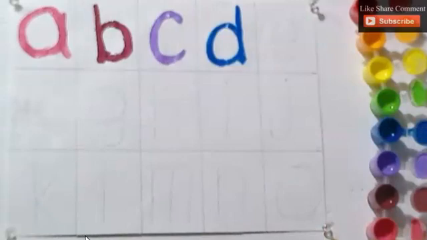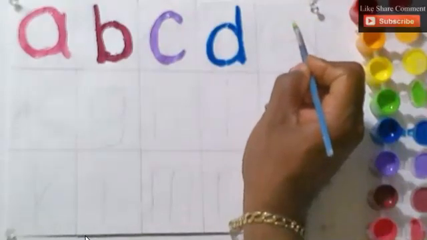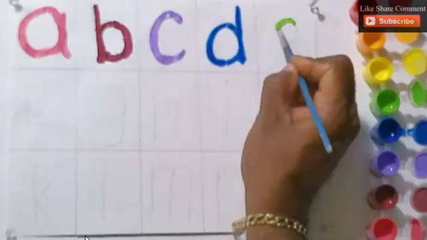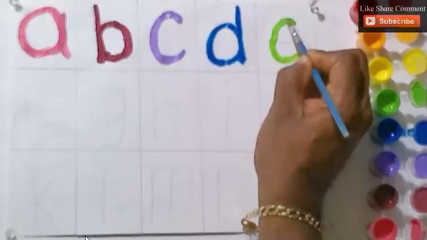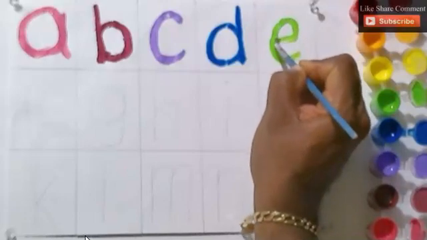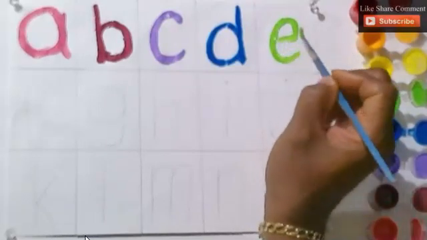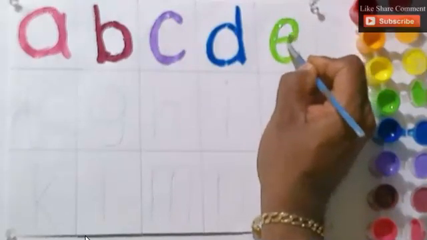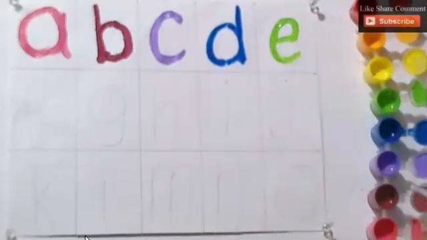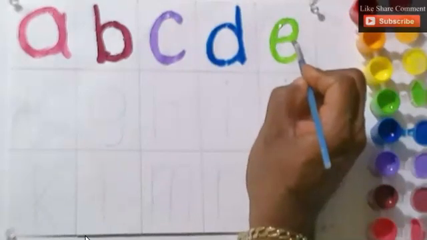Which letter comes after the letter D? The letter E. Let's use the green color for the letter E. What letter comes after the letter E?